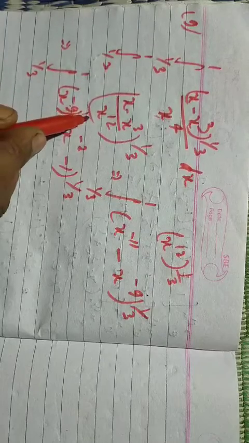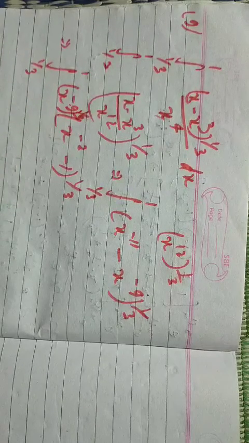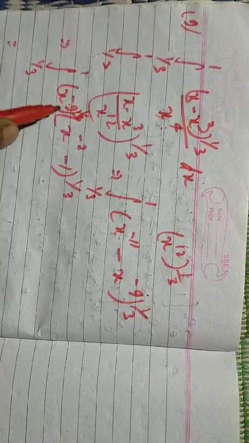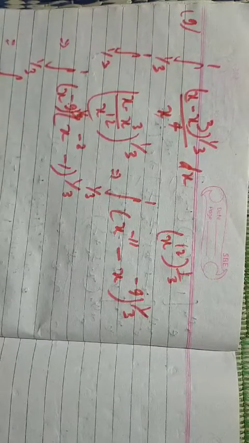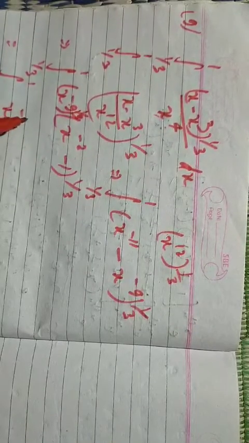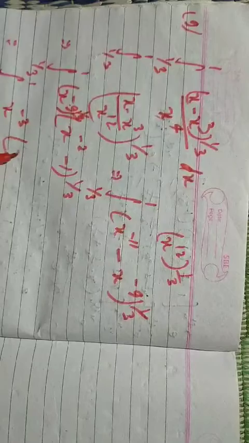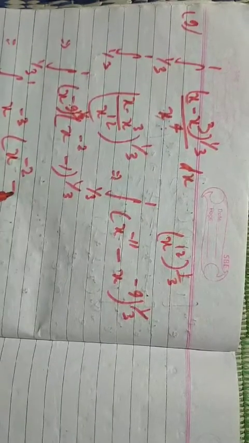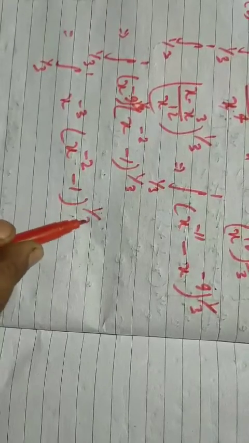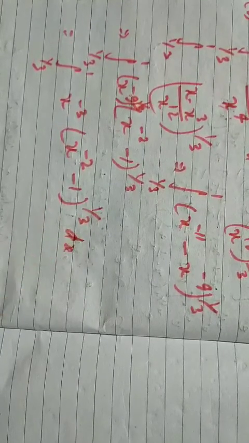That power you have to give 1 by 3 here. So this will become integral 1 by 3 to 1 of x to the power minus 3 into (x to the power minus 2 minus 1) whole to the power 1 by 3 dx.